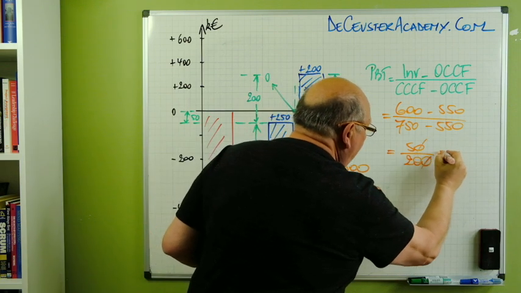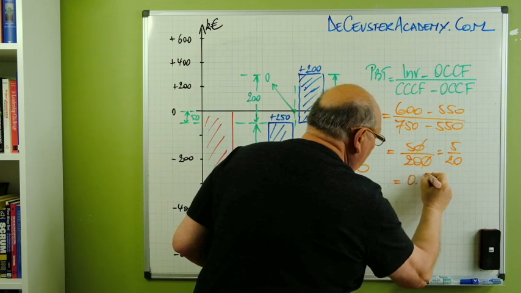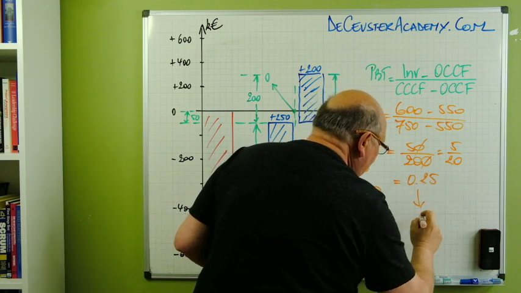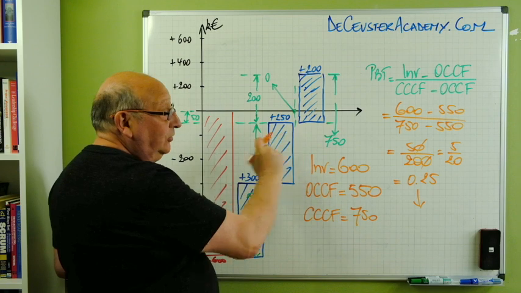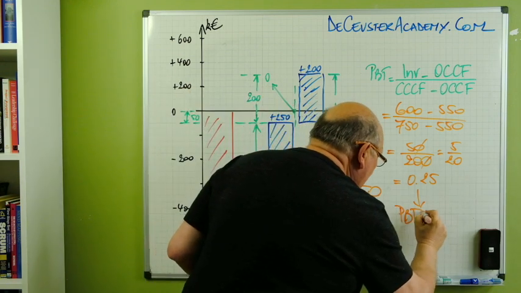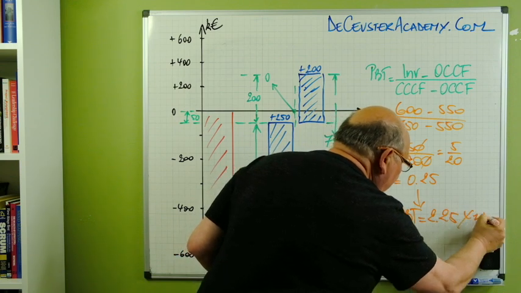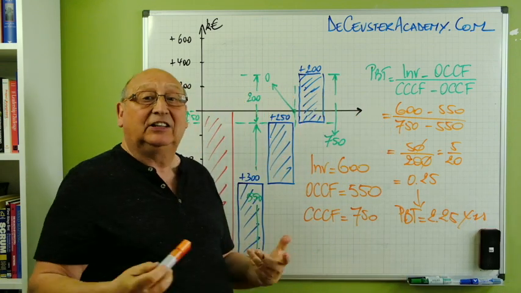So we see here 5 divided by 20, which is 0.25. And now we can say, because we are between year 2 and 3, that the payback time is 2.25 years. And that's the second calculation.